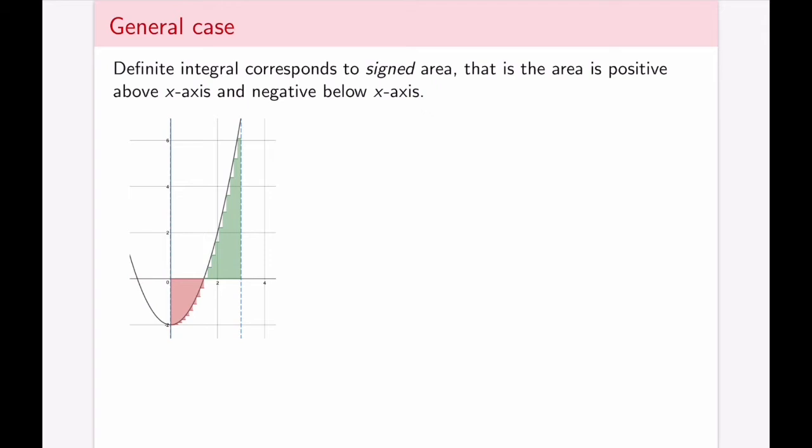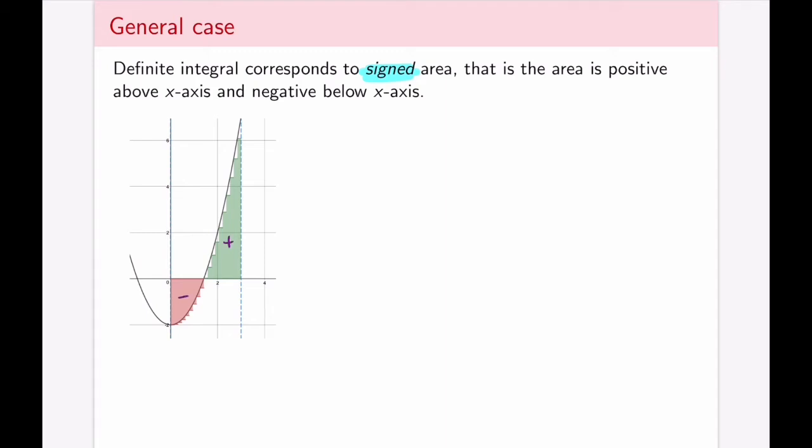And because the definite integral is just a limit as n goes to infinity of the Riemann summation of these rectangles that we built up between the curve and the x-axis, if it happens to be below the x-axis, it will produce a negative area. Therefore, the definite integral by extension also corresponds to signed area, meaning it's positive if it's above the x-axis and it's negative if it's below.